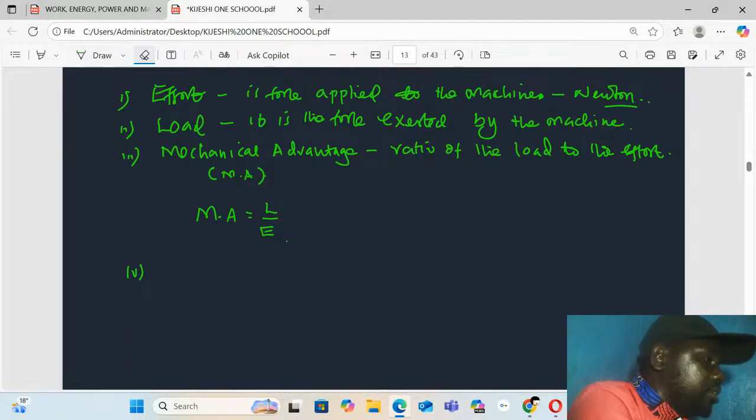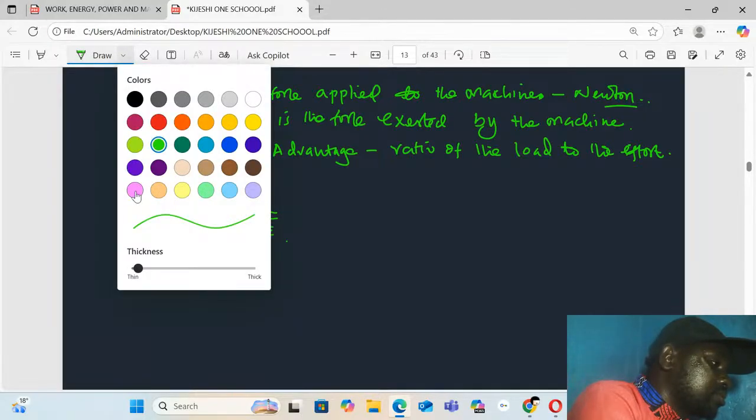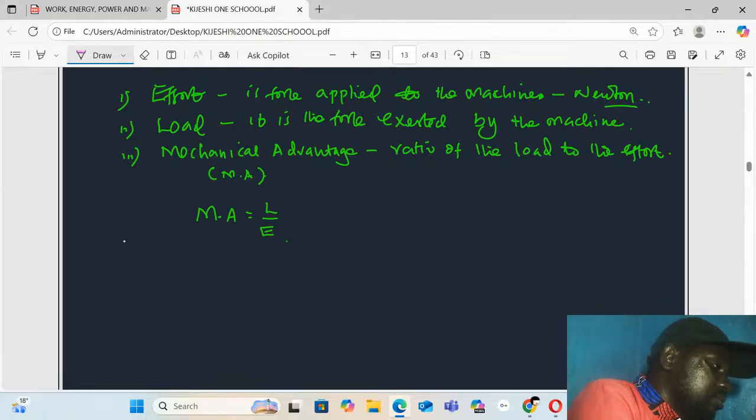Before we move to the fourth term, we can give an example.